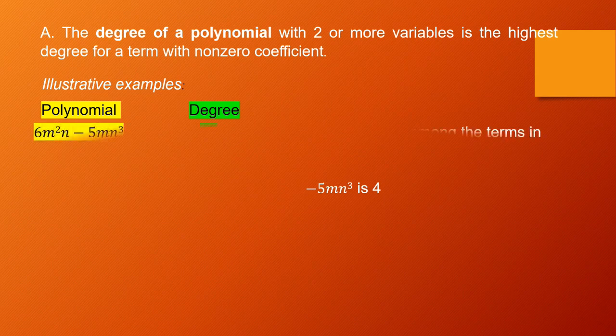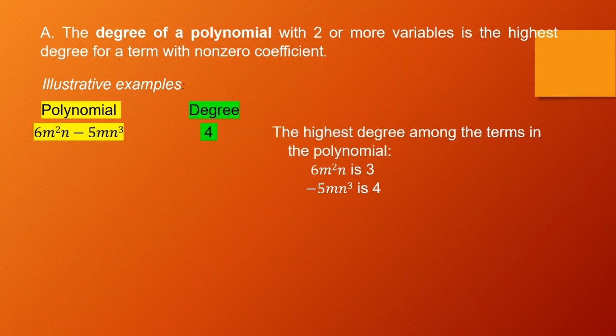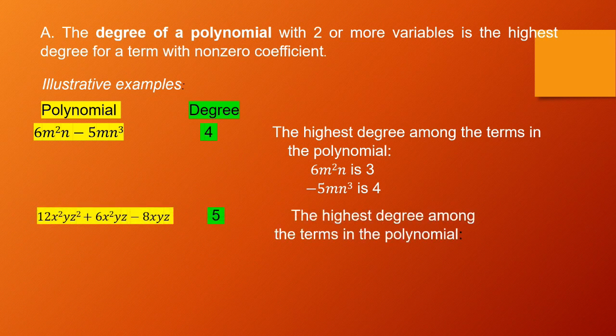Example number 5, 12x²yz² + 6x²yz − 8xyz. The degree of the polynomial is 5. The highest degree among the terms in the polynomial: 12x²yz² is 5, 6x²yz is 4, and −8xyz is 3.